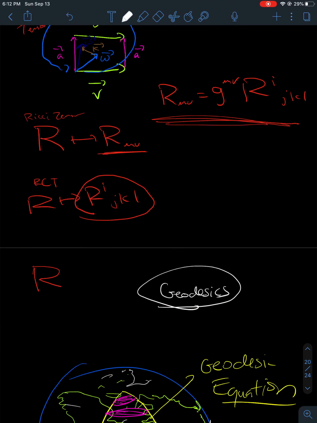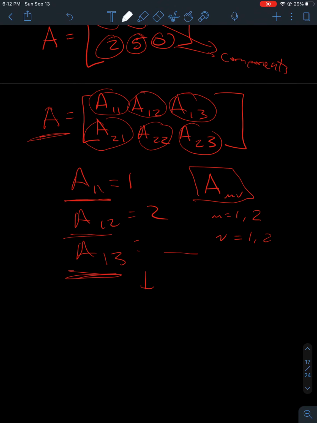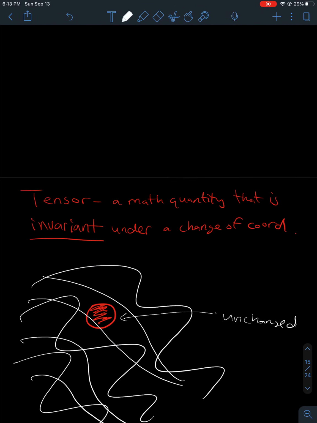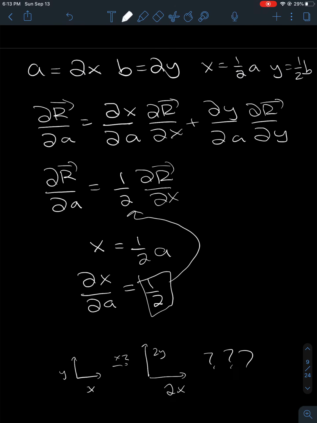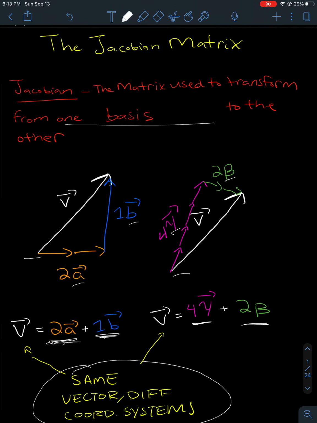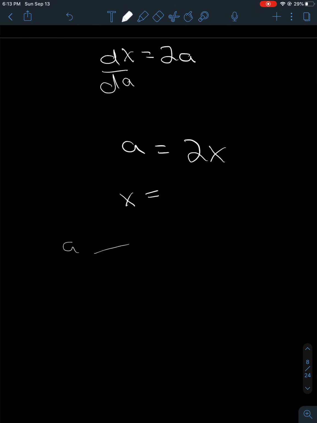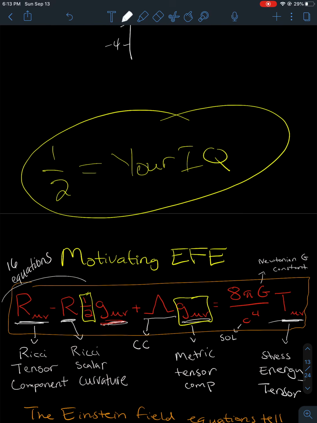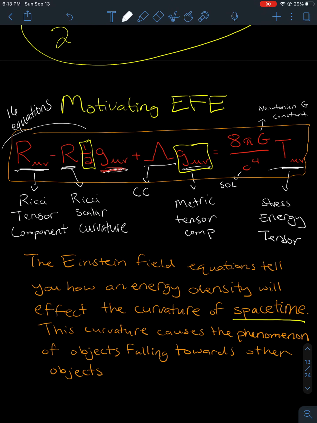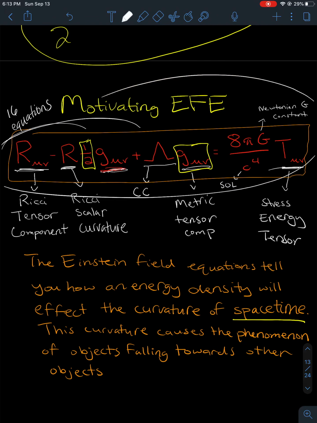In fact, the metric tensor is really important in this subject, because when we solve the Einstein field equations, what are we actually solving for? Oops, scrolled a tad bit too far. We are actually solving for what this is. It's that important. When we solve the equations, we solve for what your metric tensor is.